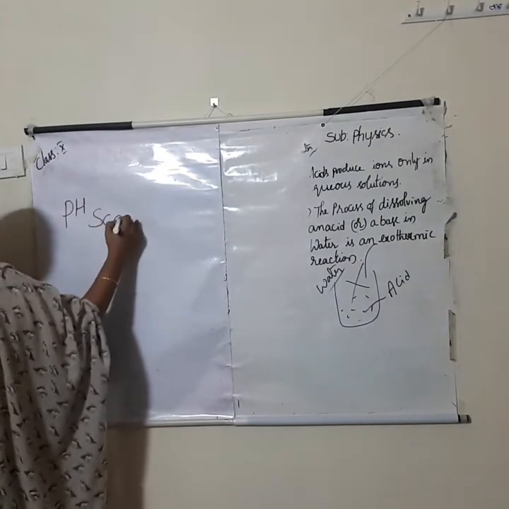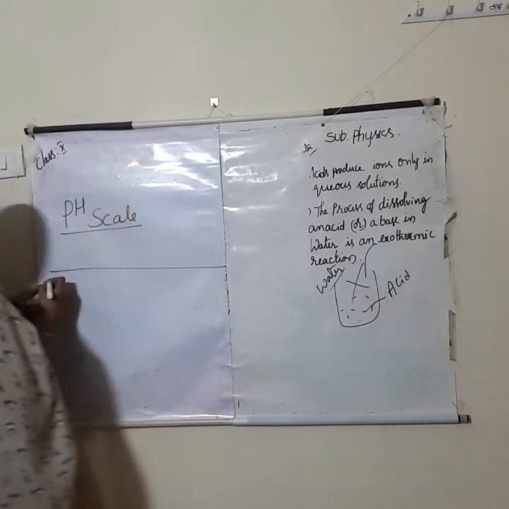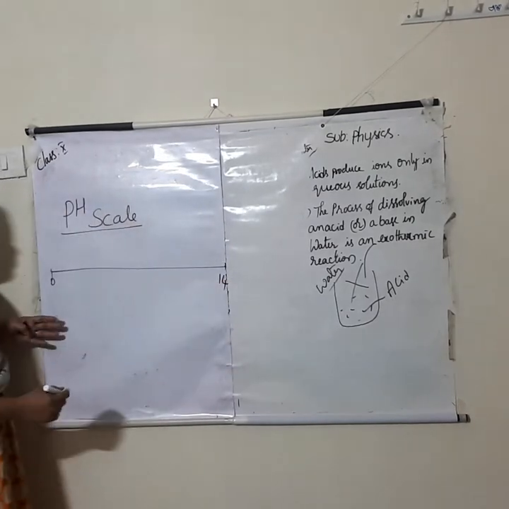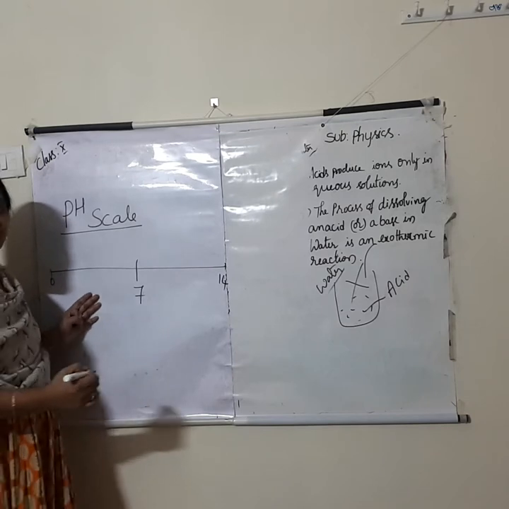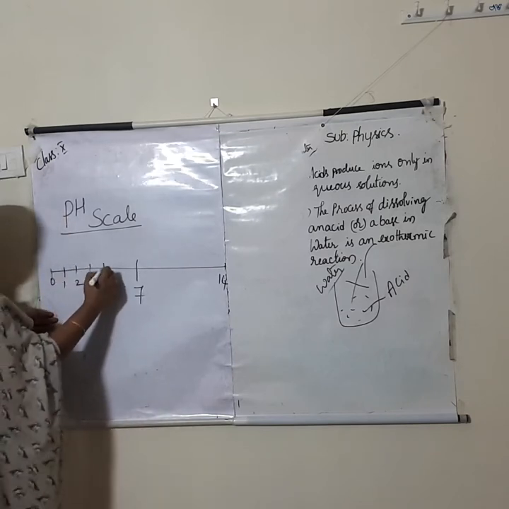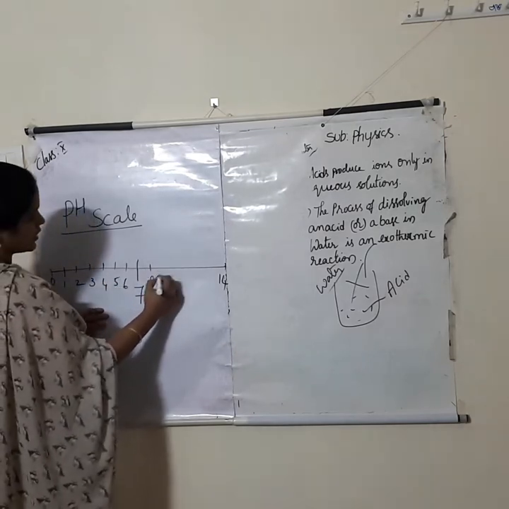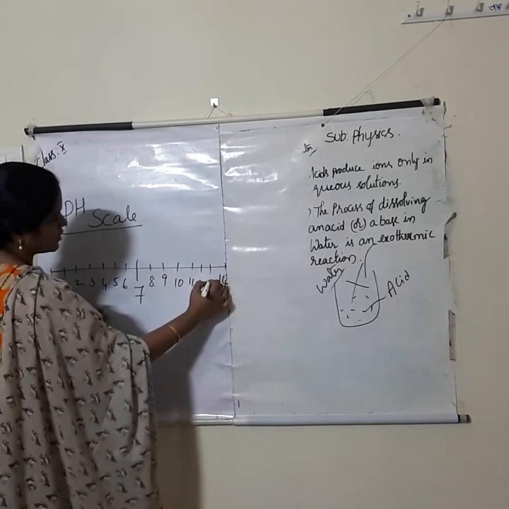This scale contains values from 0 to 14, and in the middle it has the value 7. It has values 1, 2, 3, 4, 5, 6, 7, 8, 9, 10, 11, 12, 13.